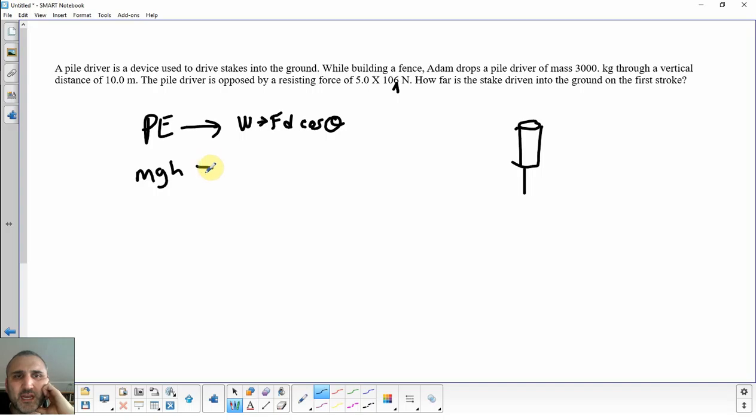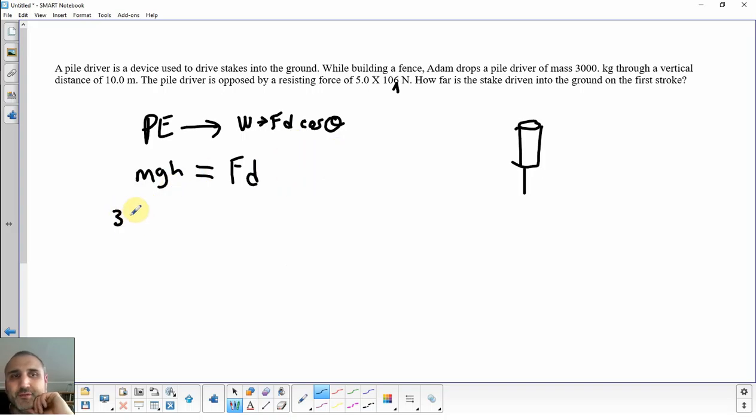So the mgh actually equals FD cosine theta. But if you remember, the stake is going down, and the force on the pile driver is going down, and we actually know how big that is, which is 5 times 10 to the 6 newtons. They're both going down, which means theta is 0, which means FD cosine theta is FD times 1, because cosine 0 is 1.